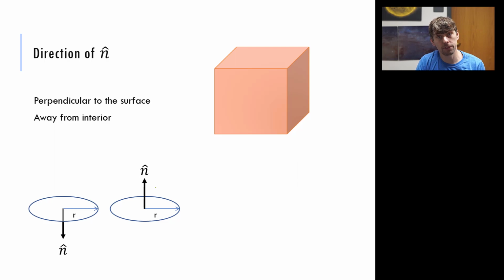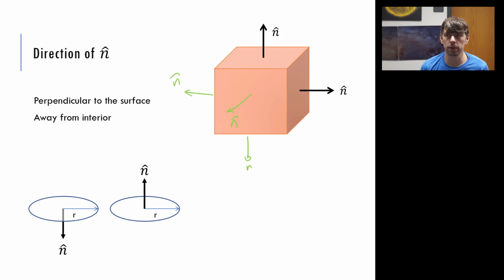And for this particular surface, you'll notice that there's actually 6 different n hats. For example, the n hat on the right face points to the right. But for the top surface, it points up, and so on. So you can pretend that there are different n hats depending on which surface we're dealing with.